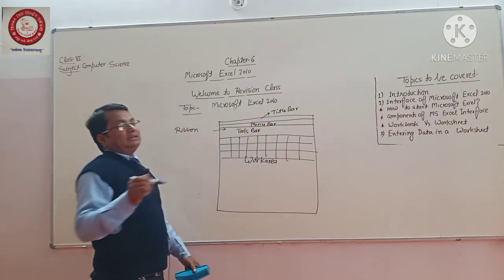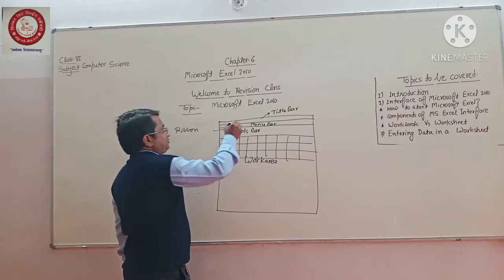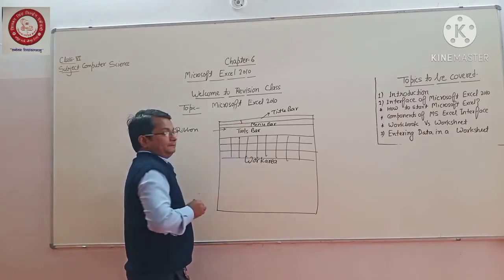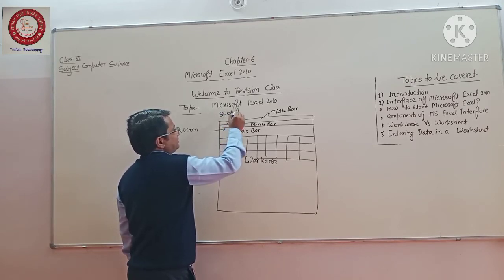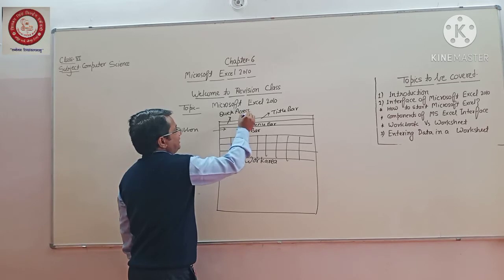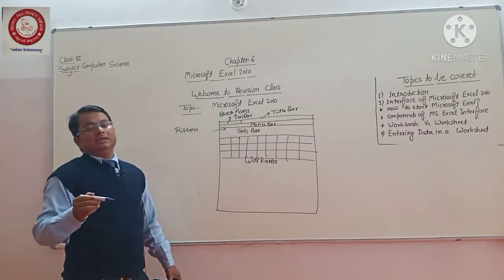Now after that, let's come to the title bar. If you see on the left side, here you will have the quick access toolbar. And what is the function of the quick access toolbar?